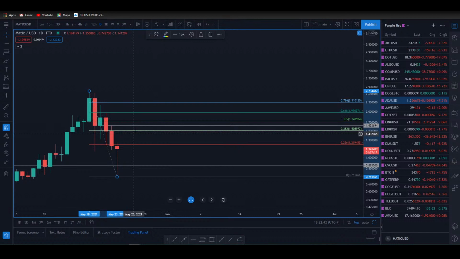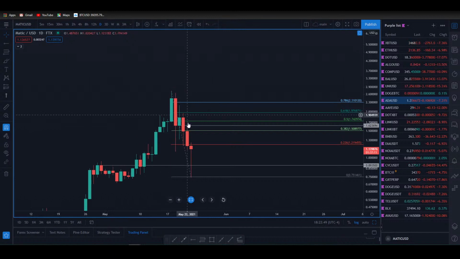Daily closures above those areas do indicate that the asset is repairing itself, because you will see increased selling at those areas as people wanting to exit their positions are waiting for a bounce up to those areas to get out. So you will probably see some increased selling at all three of those levels.